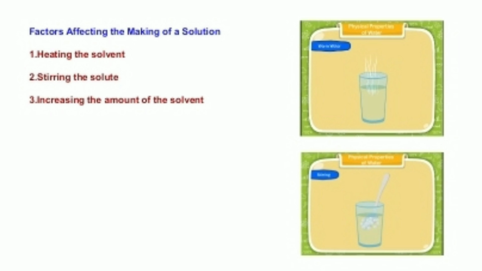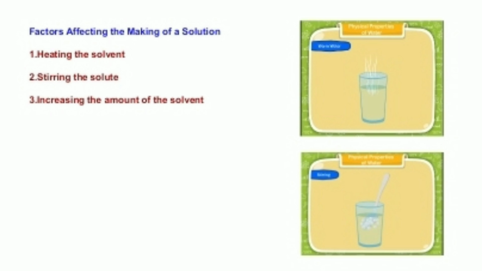Number 1 is heating the solvent. We have noticed that when we heat the solvent, the solute dissolves faster in the solvent to form a solution. You might have noticed that sugar dissolves in warm water or milk faster as compared to cold water or milk.